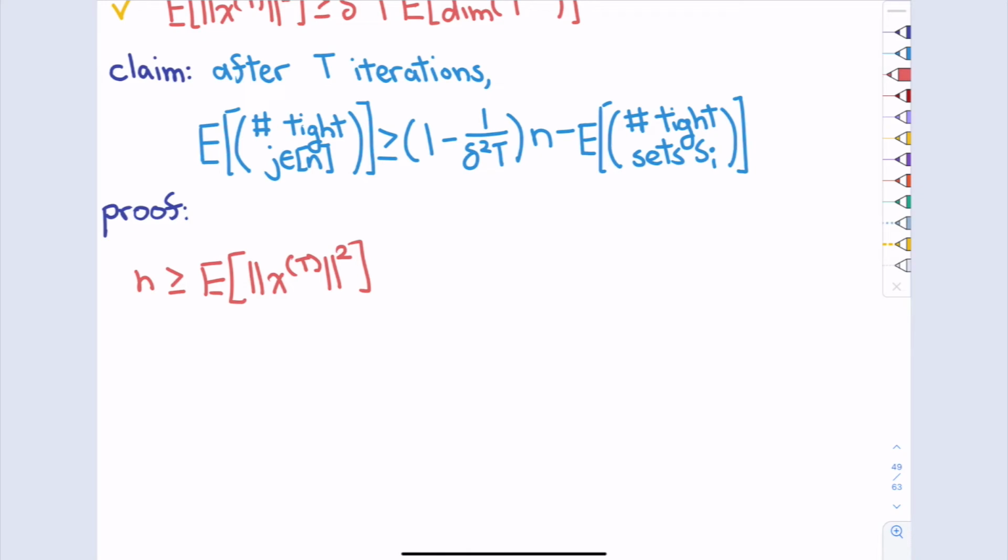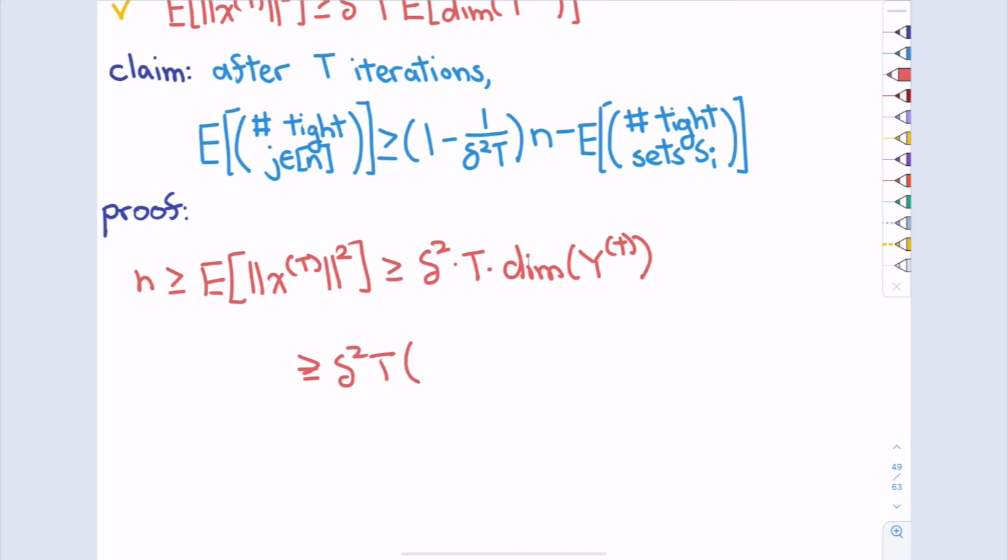And what we showed is that this thing is at least delta squared times t times the last safe subspace dimension. And this is at least, so you start off with n dimensions, and every time you have a tight set, you lose at most one dimension, assuming it's not linearly dependent with the previous sets.